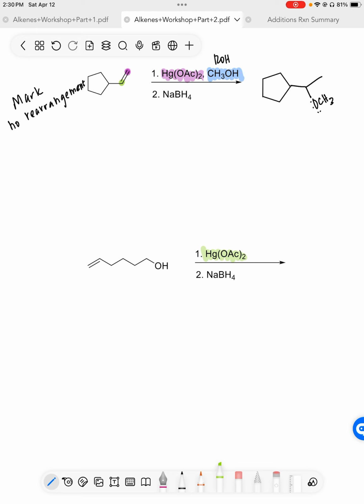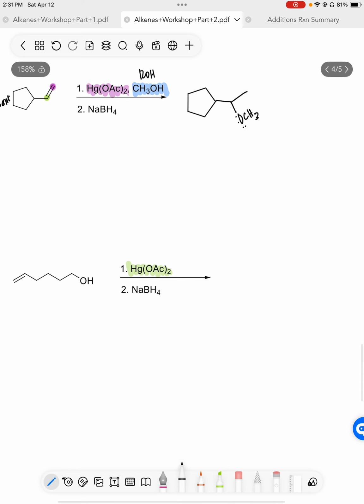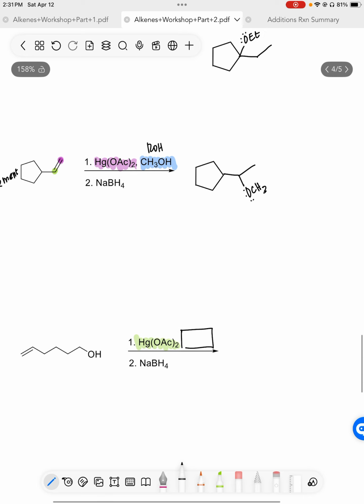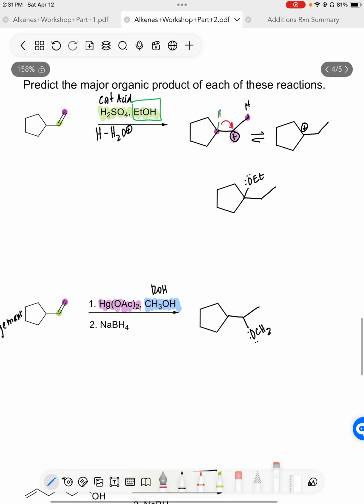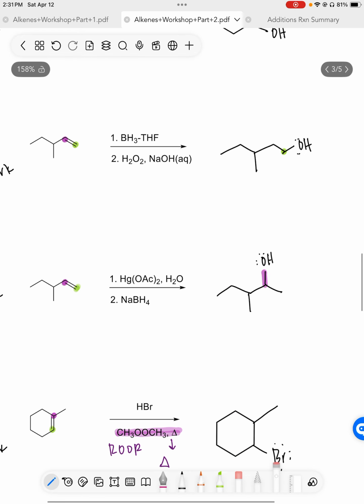All right, one more, and these are the same reagents. I don't know if it's in the notes that shows how to do these reactions where it's going to be an intermolecular attack or intramolecular attack. So what happens is, if you noticed here, and I don't know if he's talked to you guys about this, but up here we have alcohol in our reagents, and up here we have water.